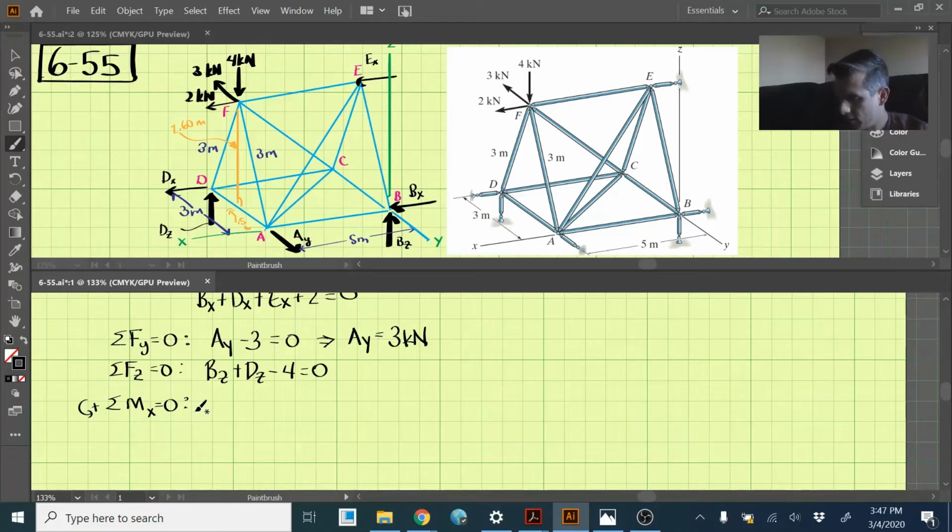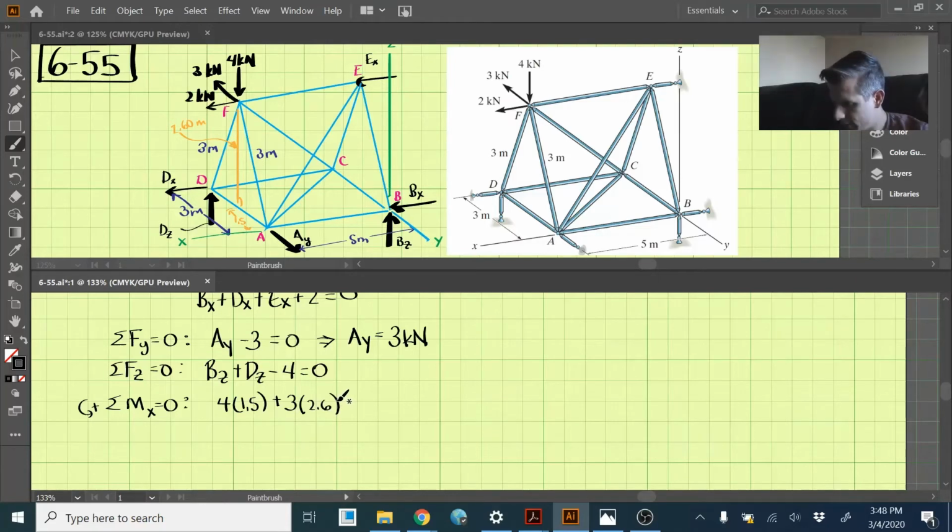We have this 4 kilonewton force, and that's going to create a counterclockwise moment, so that would be positive 4, and the distance it acts away, if you do the geometry on this triangle, is 1.5. Then we have this 3 kilonewton force at the top, which also creates a counterclockwise moment, so positive, and the perpendicular distance, this vertical distance, is 2.6.